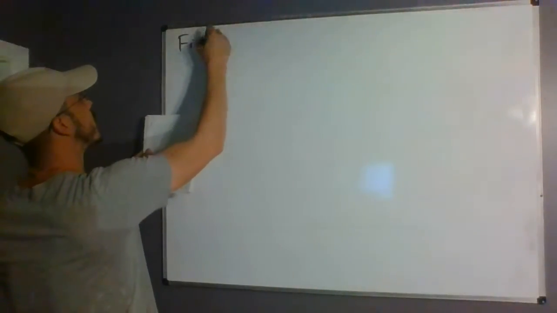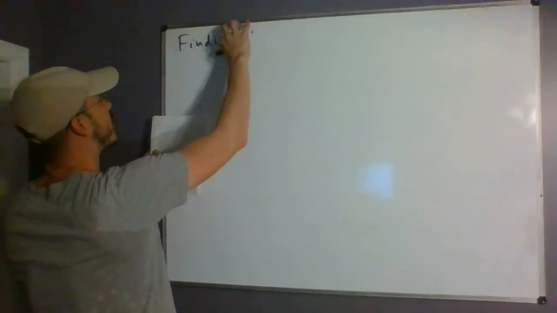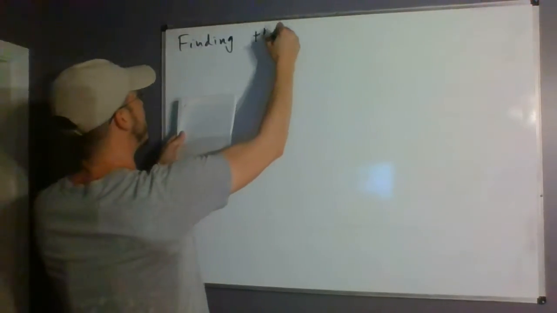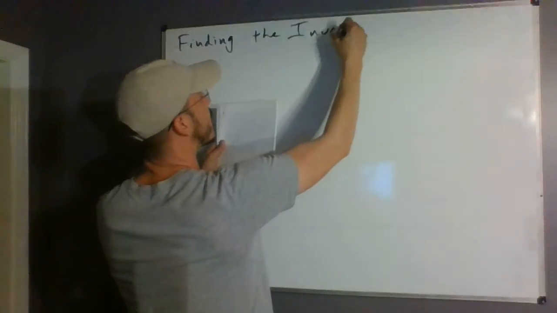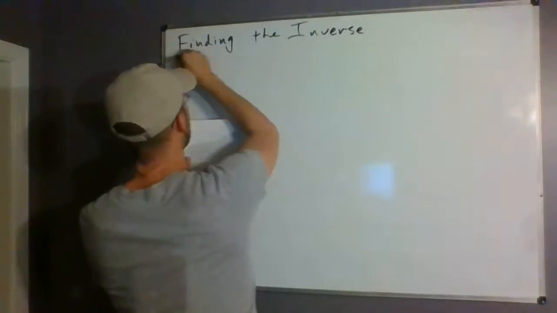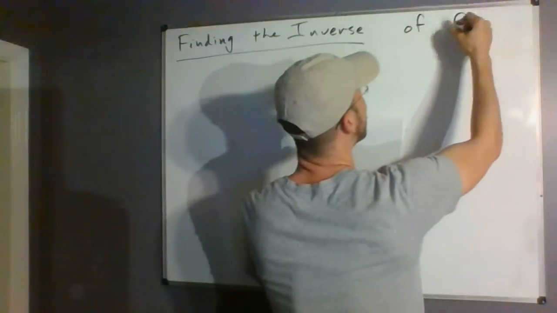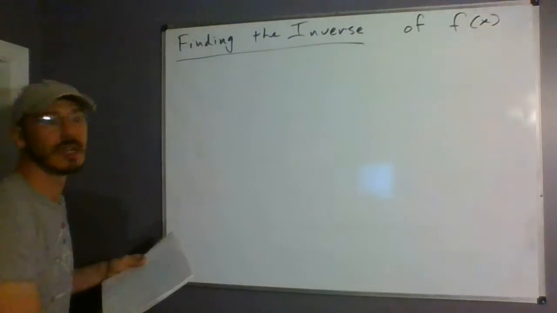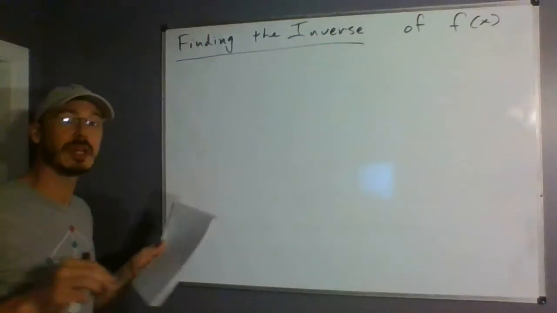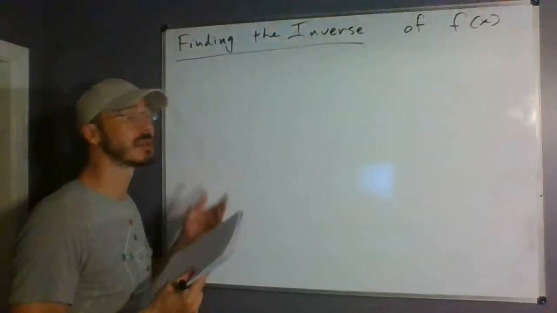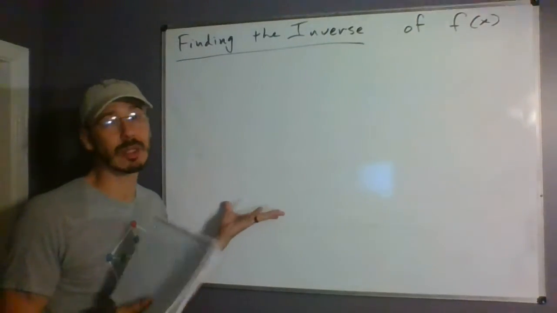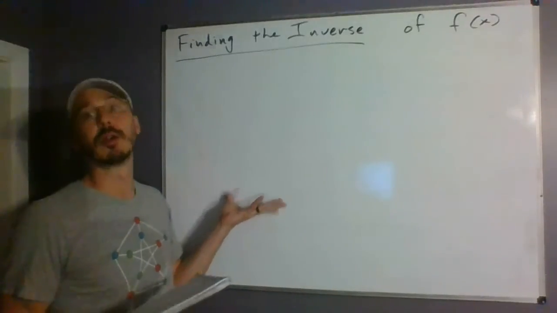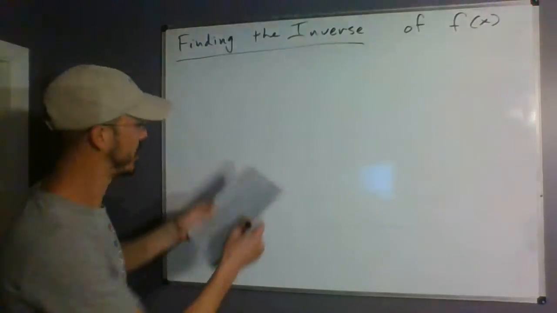Finding the inverse. So we have to start with something. They have to give us a function and then find the inverse. It can't always be done because sometimes what we find will not really be a function. For our problems, it will.